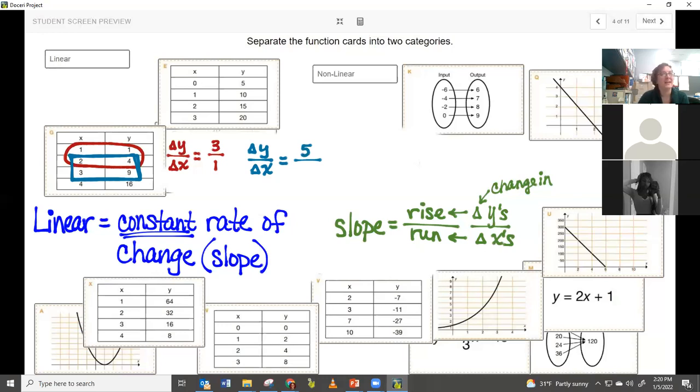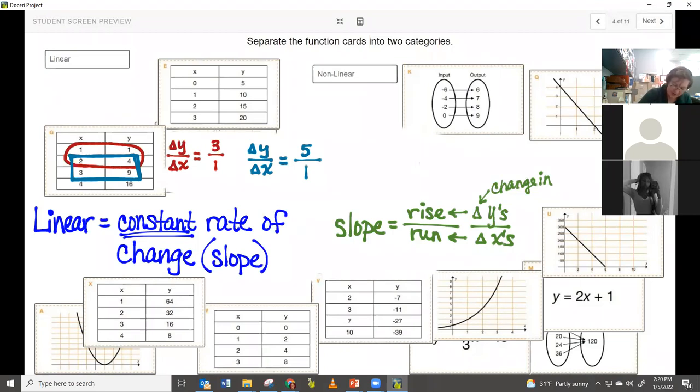What about on the X side? How much did the X's change by? Yeah, the X changed by 1 again, from 2 to 3.